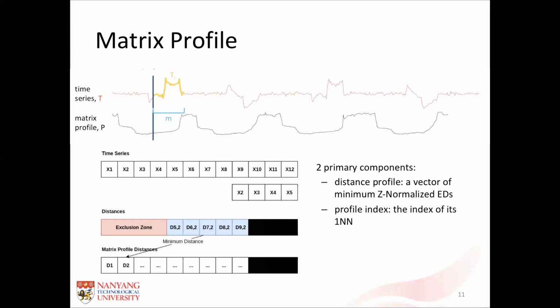Now we come to more details on the matrix profile. The matrix profile has only one hyperparameter, which is the length m shown on the screen. I will elaborate with an example.